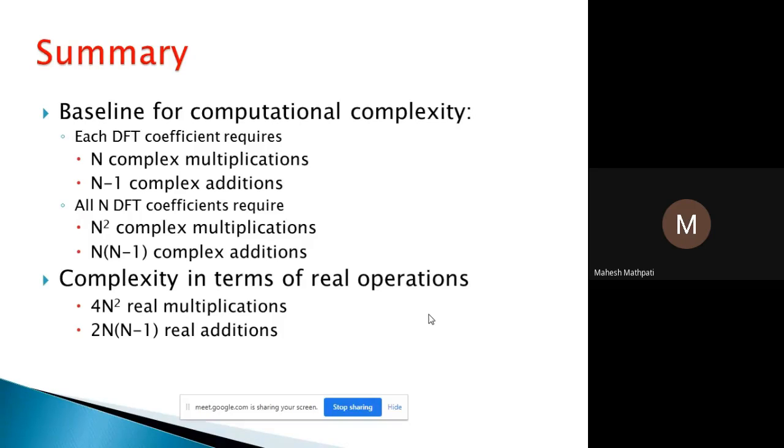Are you able to see my screen? Yes, sir. A summary like this will be helpful for you in remembering for MCQ questions.